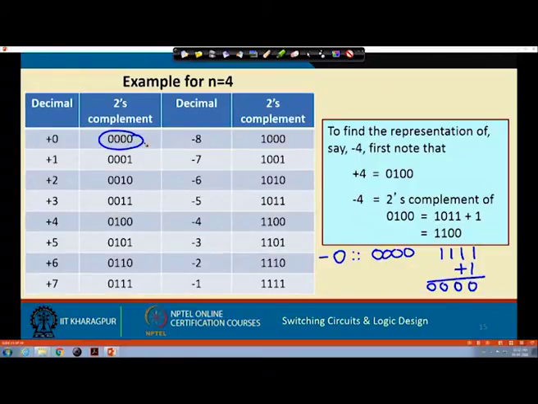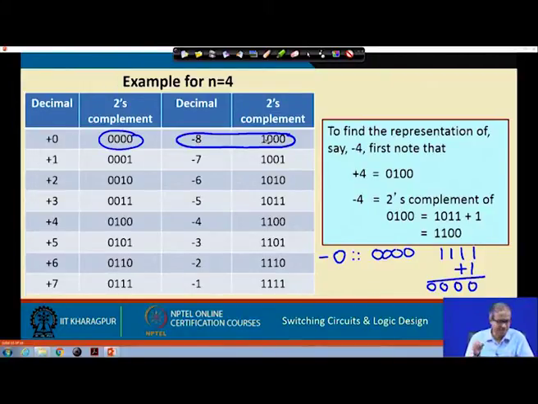So, there will be no 2 separate representations of 0. But what will this extra combination indicate? Here I can add one additional number, minus 8. This combination 1 0 0 0 will indicate minus 8. We shall see later also how this is coming, but in 2's complement this is one advantage. On the negative side I can represent one extra number: on the positive side 0 to 7, on the negative side minus 1 to minus 8.